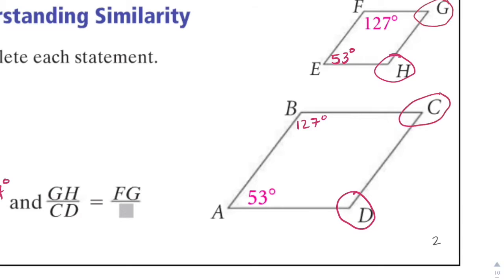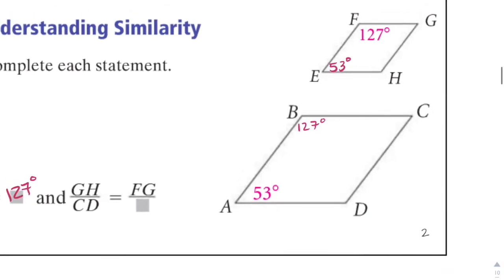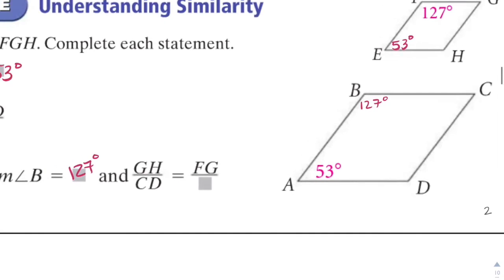We don't know that right now because we don't know if it's a parallelogram or not. It could actually be a trapezoid where CD is not parallel to AB. We do know those angles.